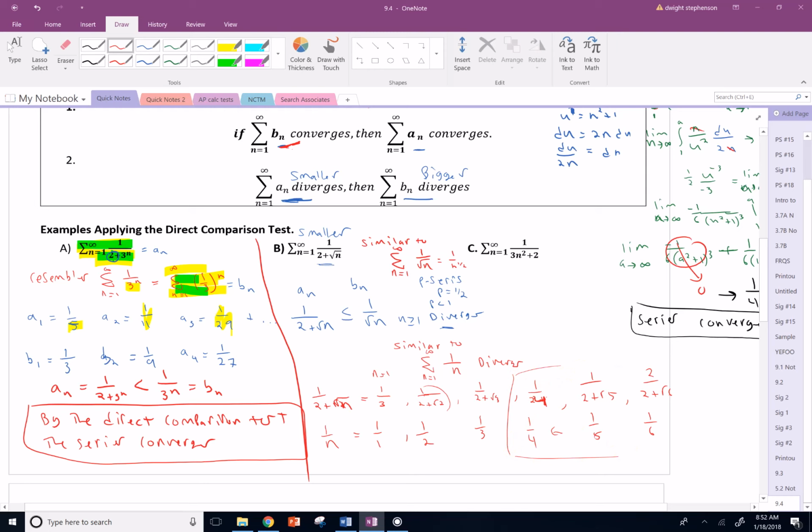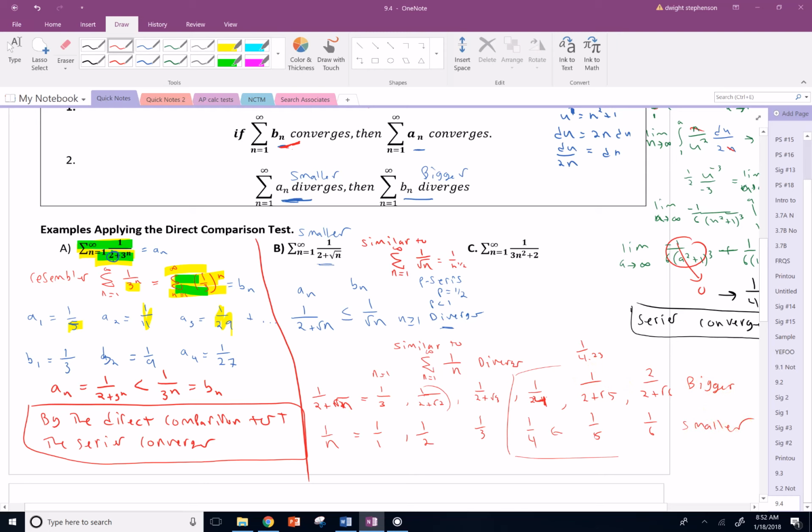After 4, you get 1 over 2 plus square root of 5, which is 2 plus square root of 5 is 4.23, so this is 1 over 4.23, which, since we're dividing by a smaller number, is actually bigger. So after the fourth term, this is bigger and this is smaller.